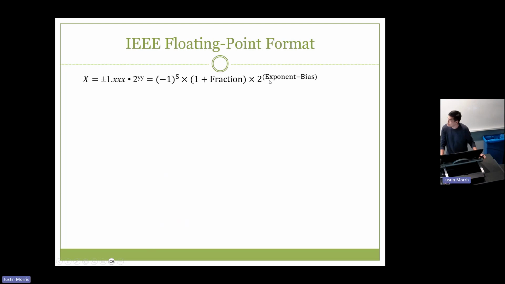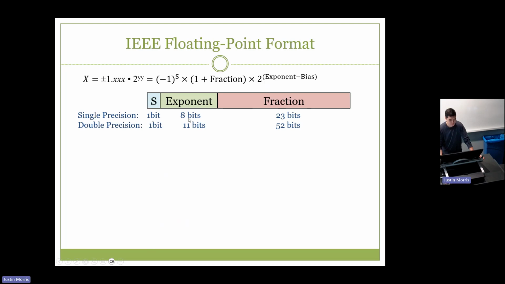And there's one more thing here: because we don't want to waste space in our exponent bits, we add this bias to it, so we can get a range of positive and negative exponents without having a signed exponent bit.